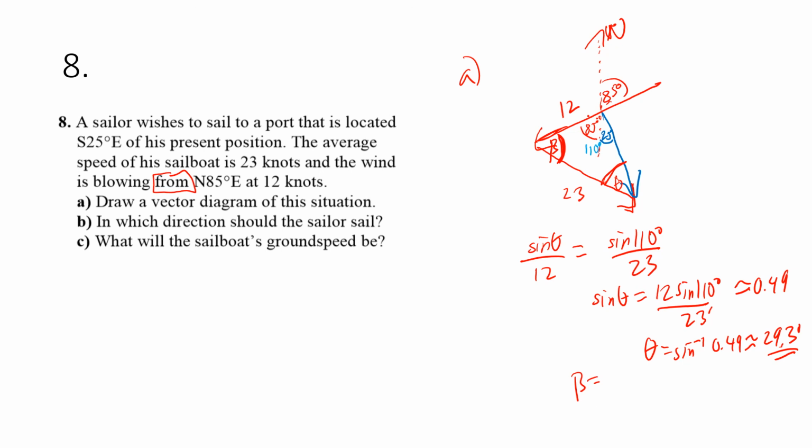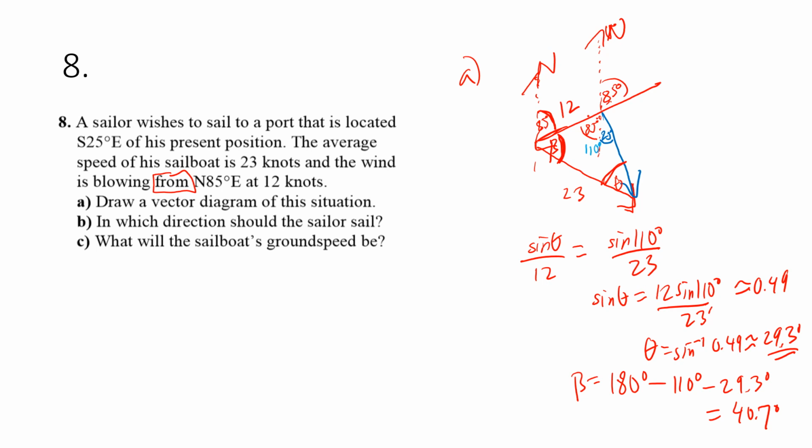And I can just solve for beta by using the angle sum of triangles property. I'm going to take 180 degrees and subtract 110 and 29.3, which gives me 40.7 degrees. So if this angle beta is 40.7 degrees, then that must mean that this angle right here is also equal to 85 degrees, right?